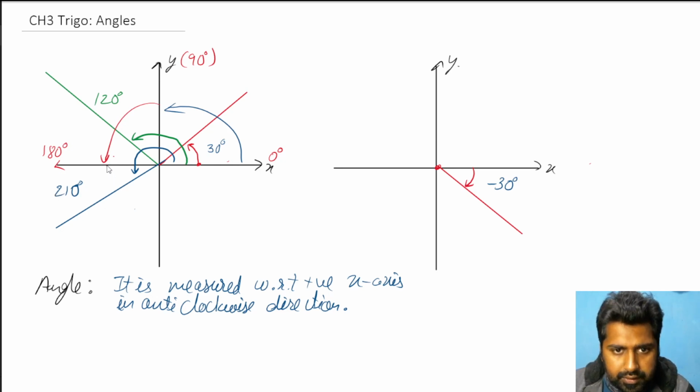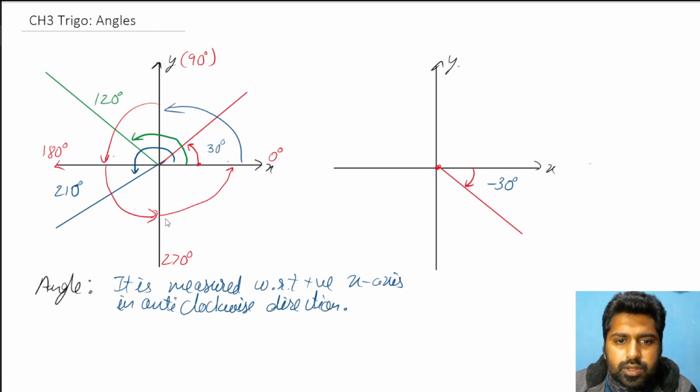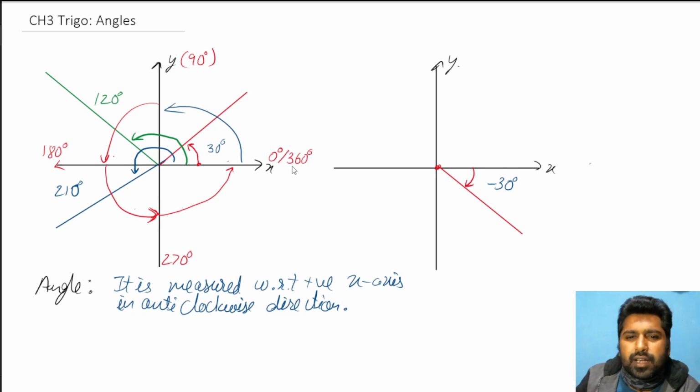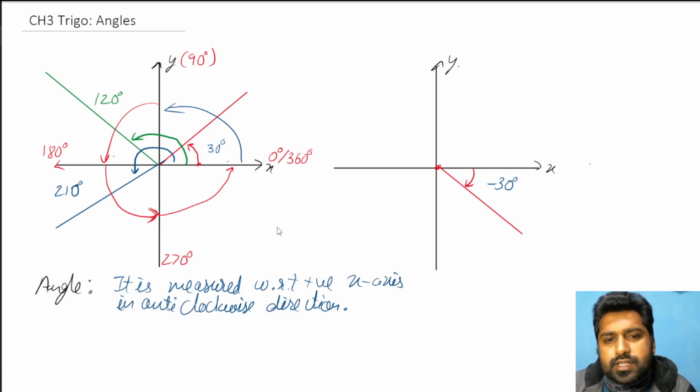The negative y-axis is another 90 degree, that's 270 degree, and another 90 degree brings us back to the positive x-axis, which was 0, but now it is 360 degree. So positive x-axis can be treated as 0 degree or 360 degree. The complete revolution is 360 degree, that we already know from the basics.